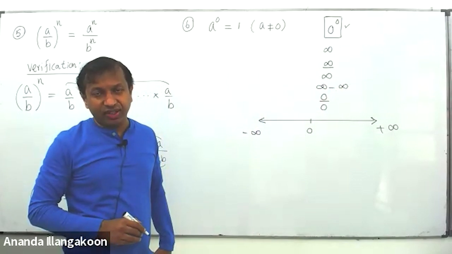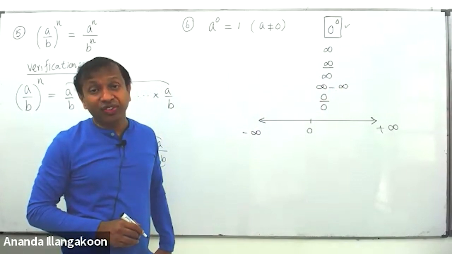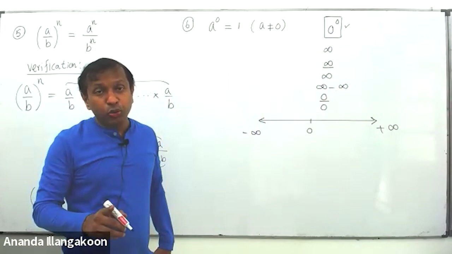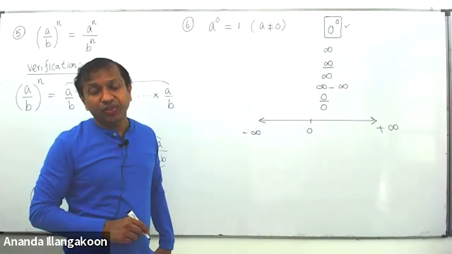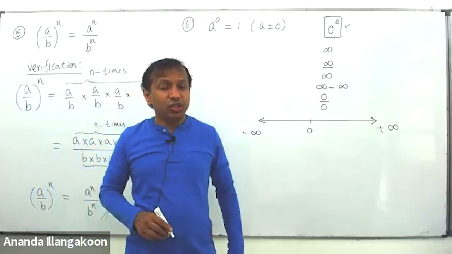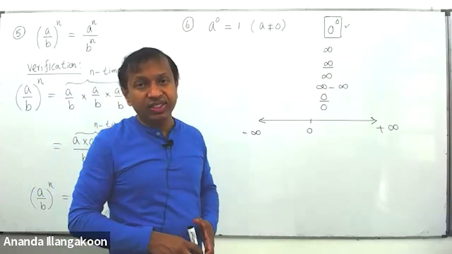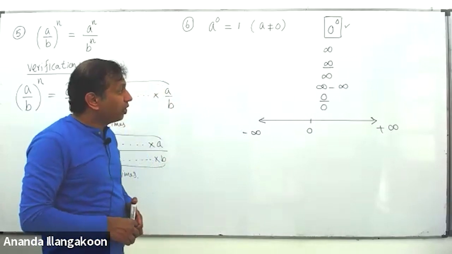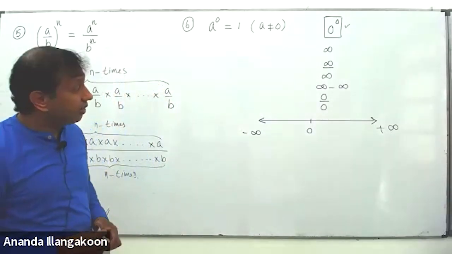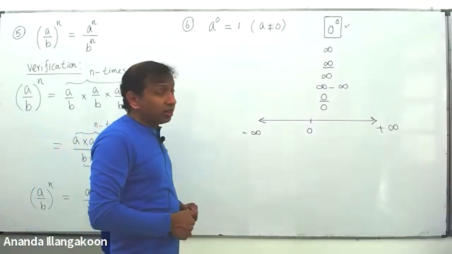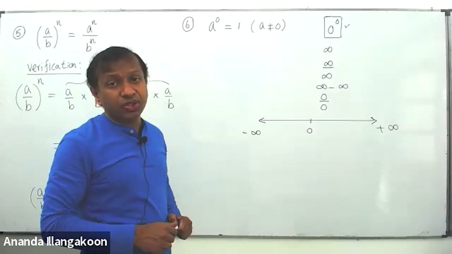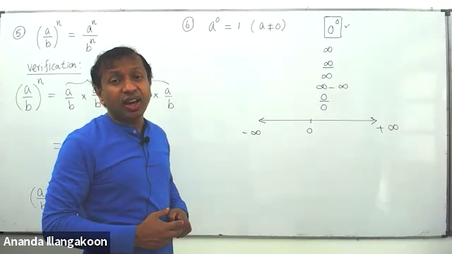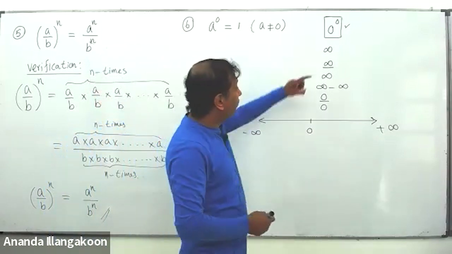Understand? Okay. Let's get some more forms available. Infinity to the power infinity, 0 into infinity, 1 to the power infinity, and so on, people. They are considered as undefined forms. Especially, people, in our ALs, we discuss calculus. Under this calculus, we discuss some questions. On some occasions, their answers come as one of these.